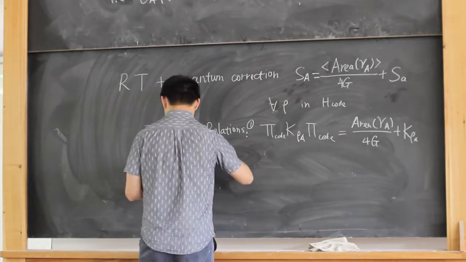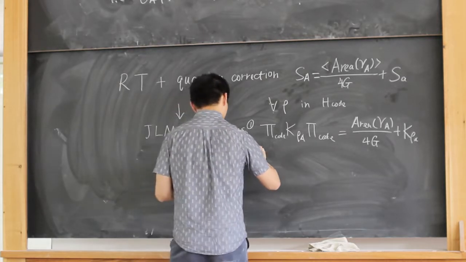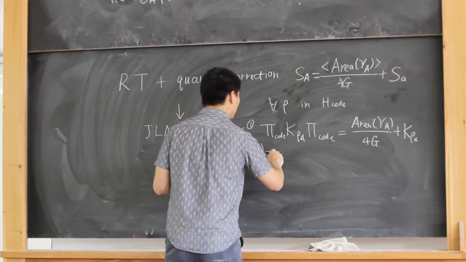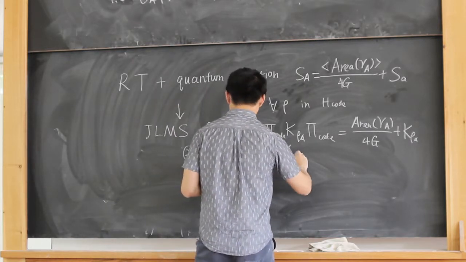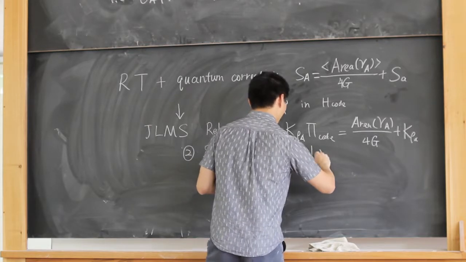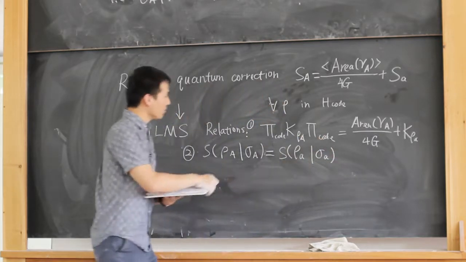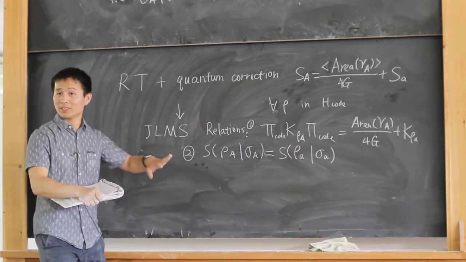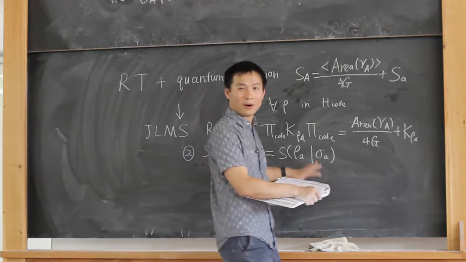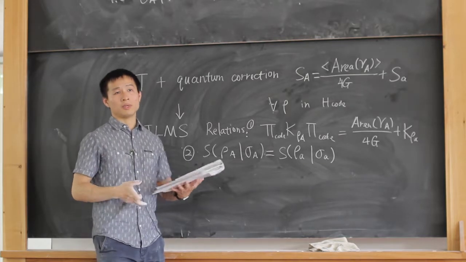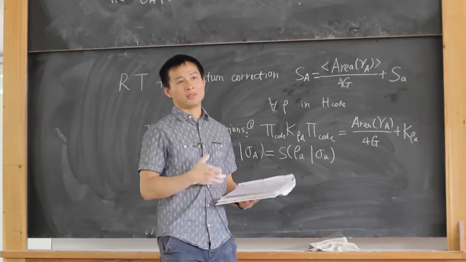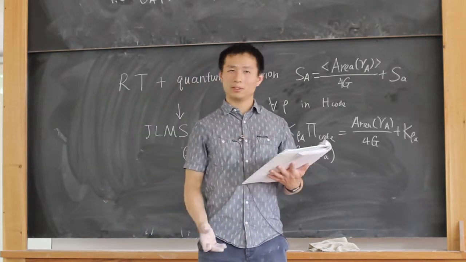the relative entropy, as we have seen previously, for any two states rho and sigma in the code subspace, the relative entropy on the boundary is the same as the relative entropy in the bulk. So relative entropy is supposed to be describing some distinguishability of the two states.